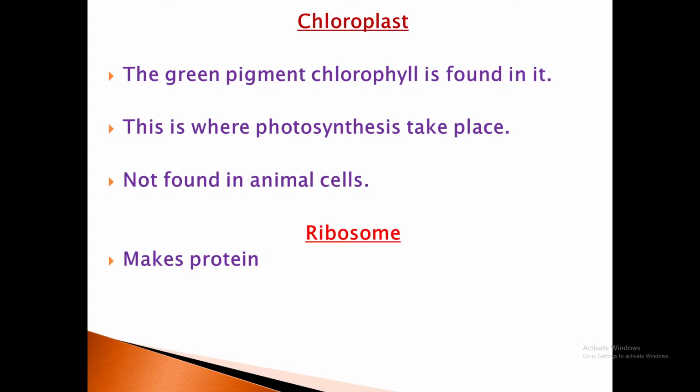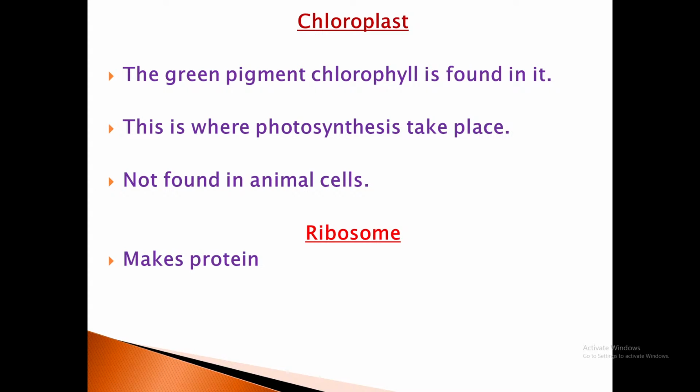So this is what actually gives the leaves of plants that greenish color. So this is where a very important process takes place in plants, and that process is known as photosynthesis. So photosynthesis is a process by which plants make food, make their own food.